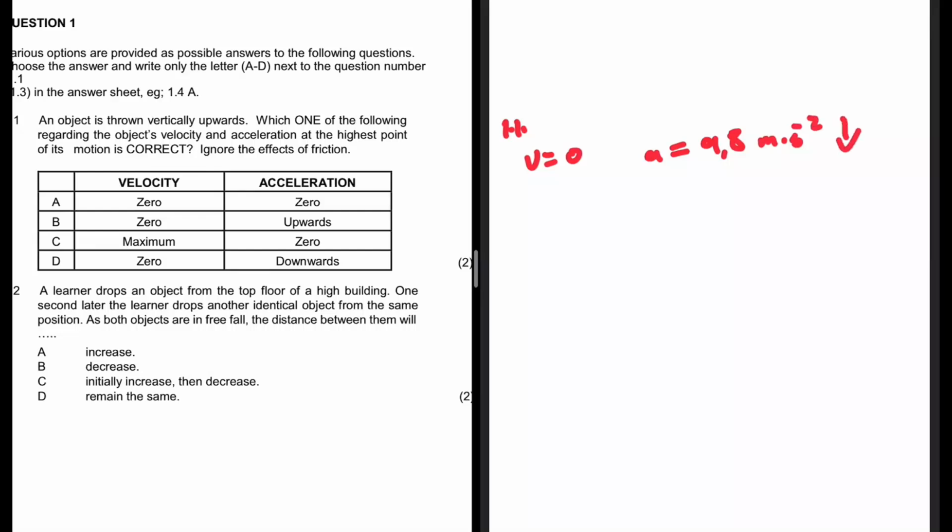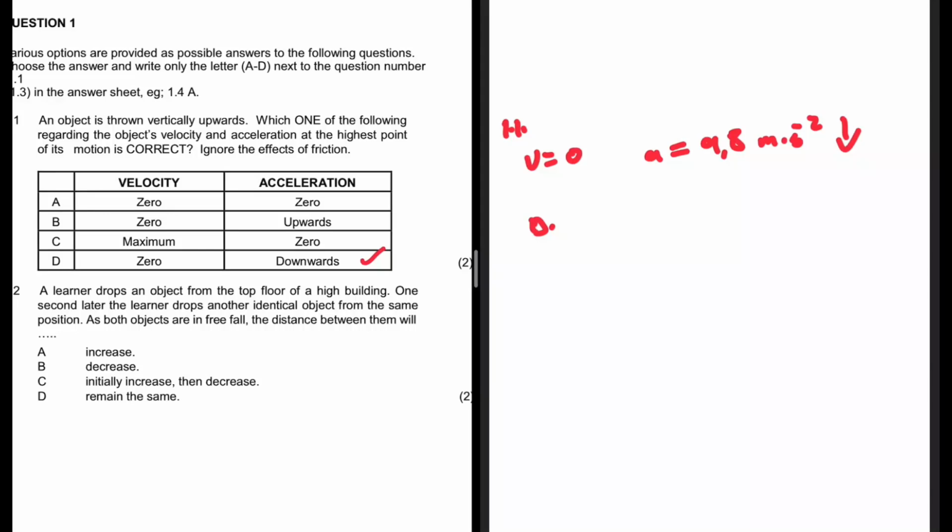So we are looking for the option that says the velocity is 0 and the acceleration is 9.8 meters per second squared downwards. That seems to be option D. So the answer to 1.1 is D. The velocity is 0 at the maximum height and the direction of the acceleration is downwards.